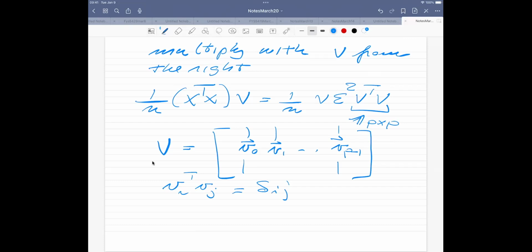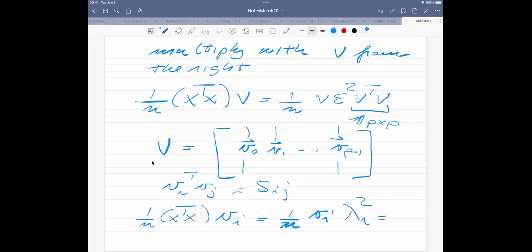So if I look at that one, and I take 1 over n of X times one of these eigenvectors, suppose I take eigenvector V of i, this is going to be given by 1 over n of V of i multiplied with the eigenvalue squared. And this eigenvalue is a variance.